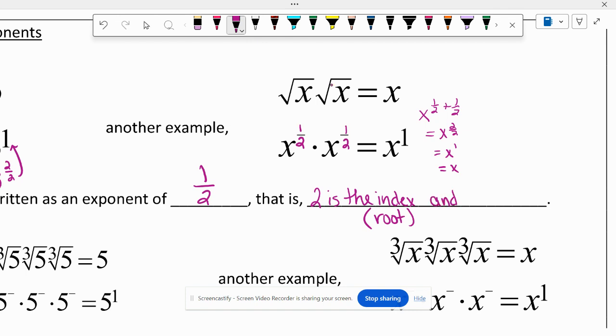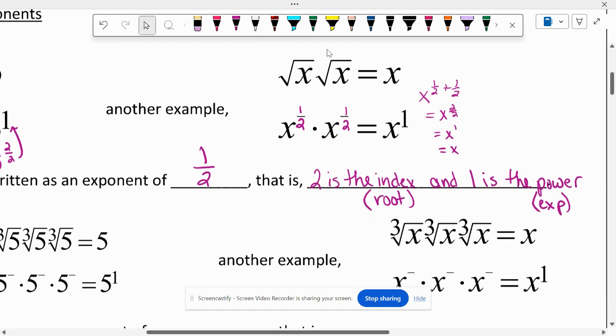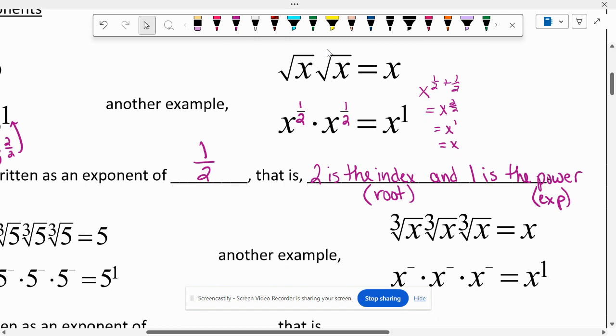And 1 is the power, and I'm going to write below that exp for exponent. 2 is the index, which is the same thing as the root, and 1 is the power, which is the same thing as the exponent.